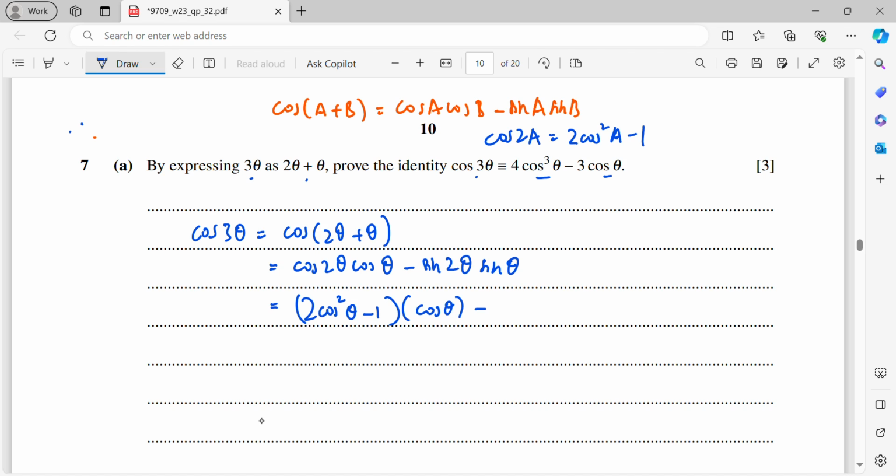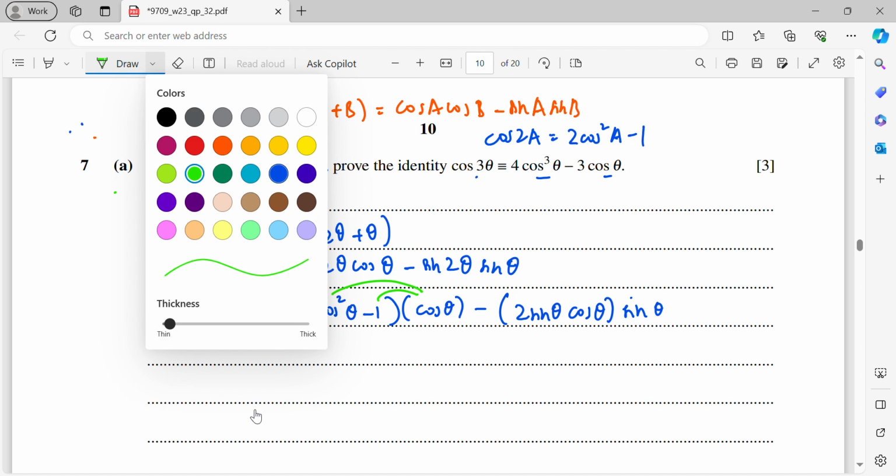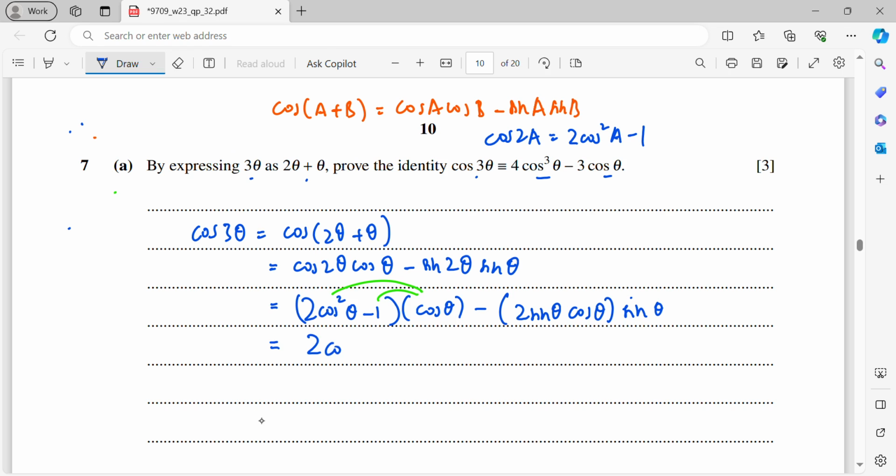And then the sin 2θ is going to be 2 sin θ cos θ multiplied with the sin θ. Then now, use the expansion. Okay, just expand it. You will be getting 2 cos cubed θ minus cos θ, and then here I will be getting sine squared θ.